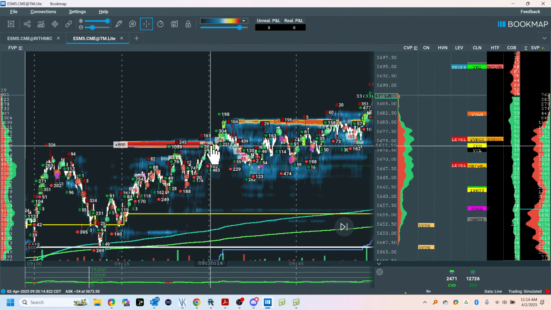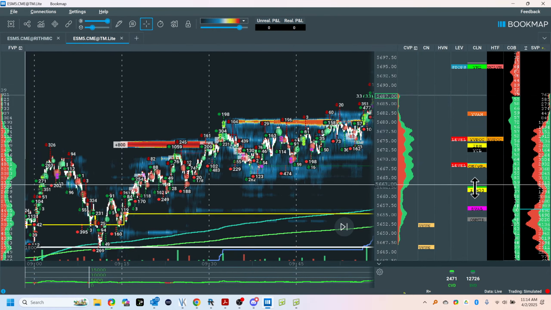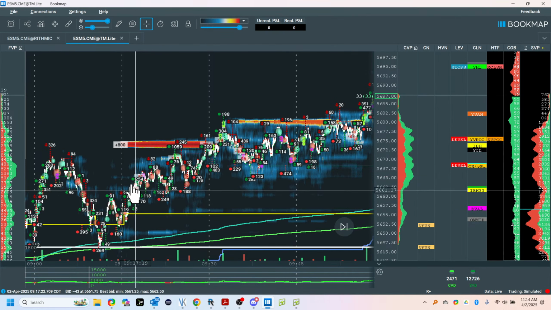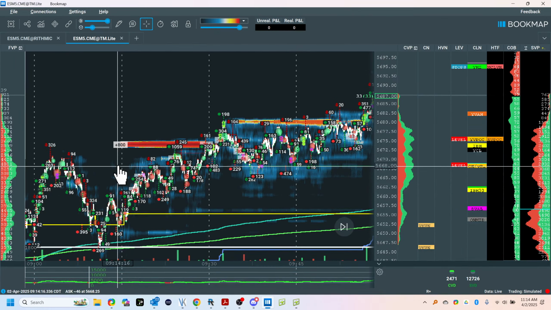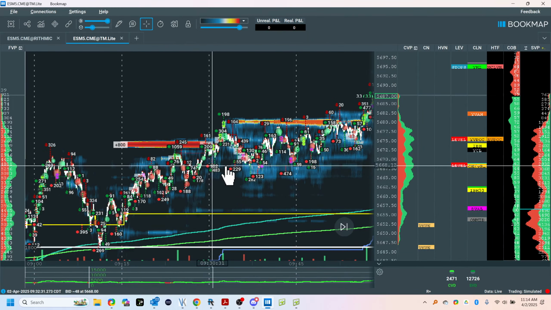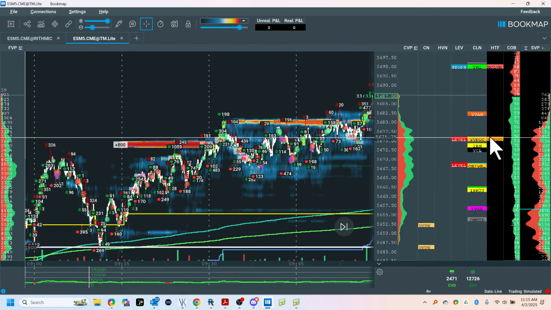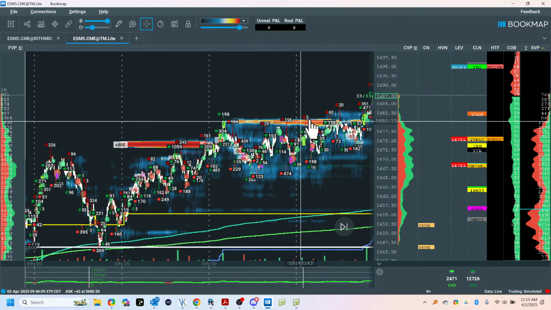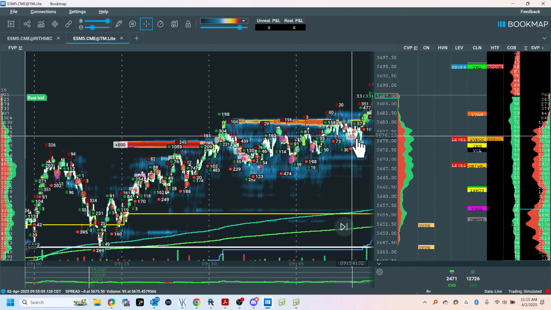So watch, what happened over here at the overnight volume point of control? Support. Where's resistance? It's right here. Support, resistance, liquidity, pullback.